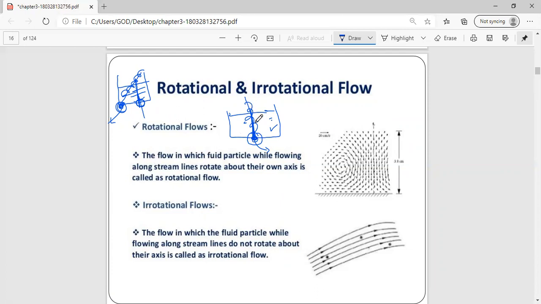That's why the fluid is going about the mass center. That's why there are two types of fluids. If it is a rotational fluid, the fluid particles have to go about their own axis, about their own mass center. If it is not going with reference to its mass center, then we call it irrotational flow, as simple as it is.